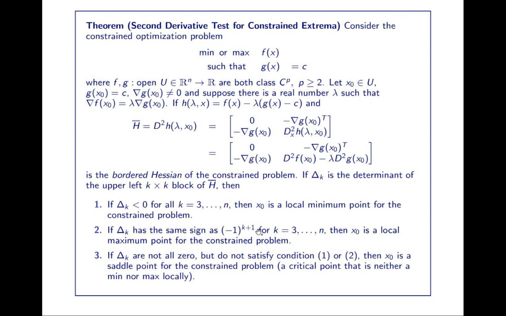So if it flips signs starting with positive for k equals 3, then negative, then positive, and so on, then I've got a local maximum. Now, if delta k are not all 0, but do not satisfy conditions 1 or 2, then I have a saddle point. So in other words, I have neither a local min nor a local max.